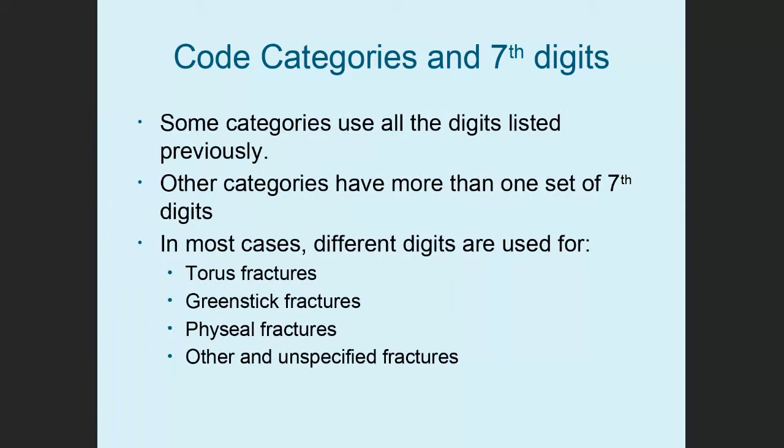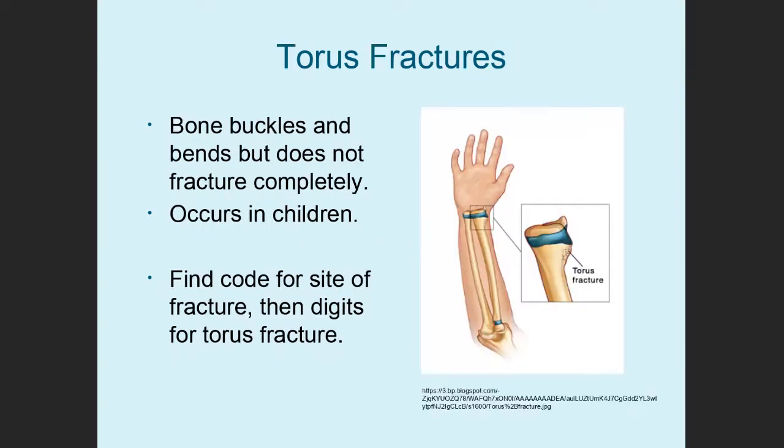The different digits within a category are for torus fractures, or greenstick fractures, or physeal fractures, or other and unspecified fractures. The categories indicate the location of the fracture, and these indicate the torus fractures, greenstick, physeal, other specified, give a little bit more information.